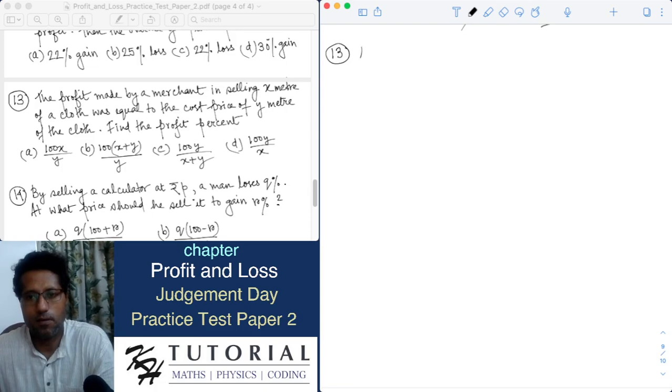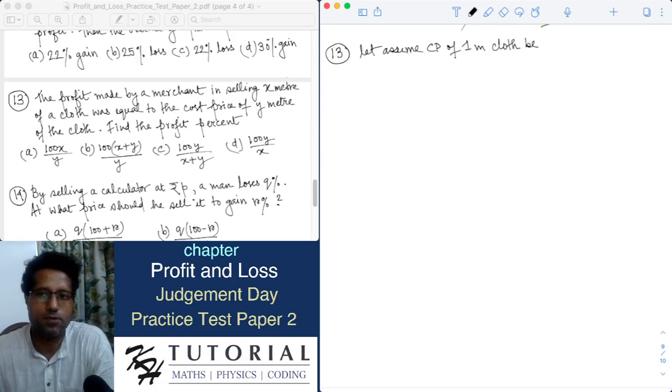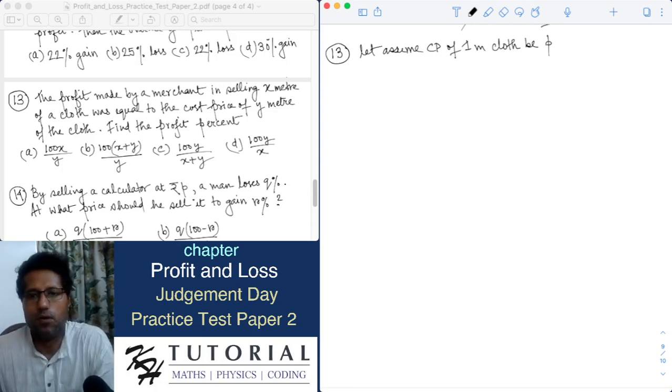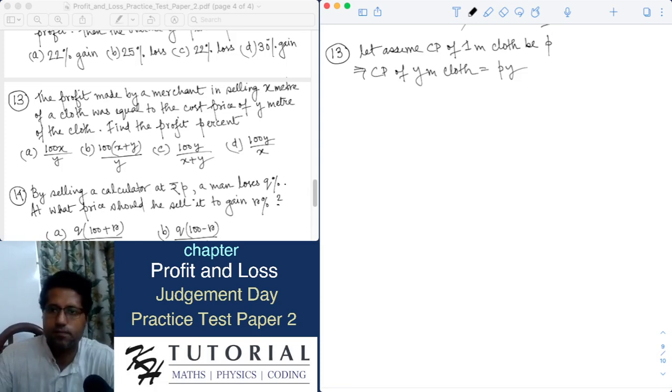Okay, so let's assume the cost price of 1 meter of cloth to be something, let's say P. So the cost price of Y meters of cloth will be equal to Py, since P is the cost of 1 meter of cloth that we have assumed.